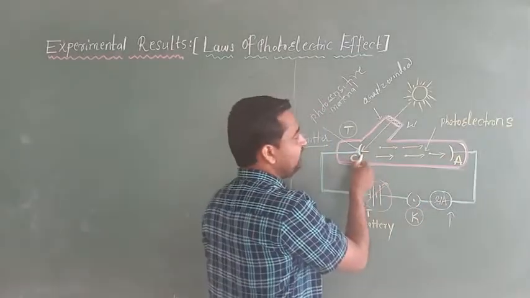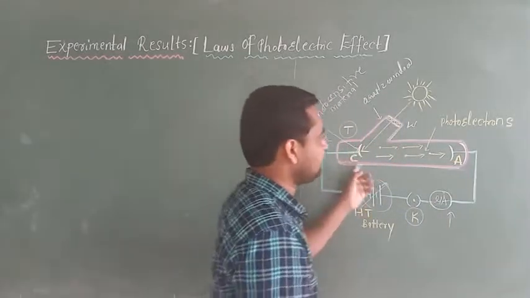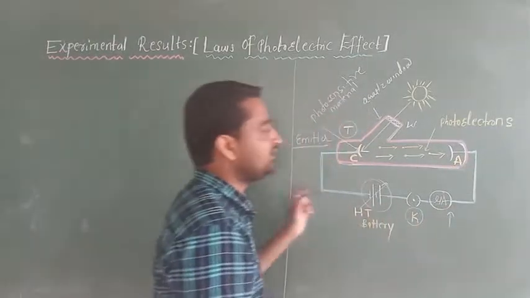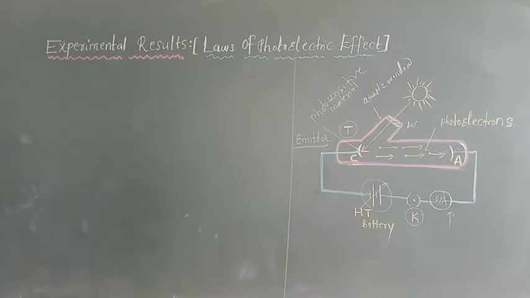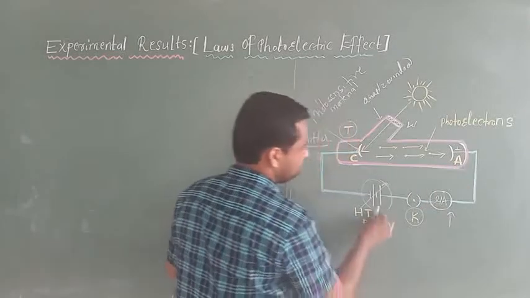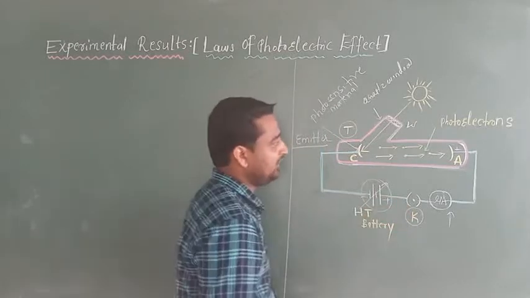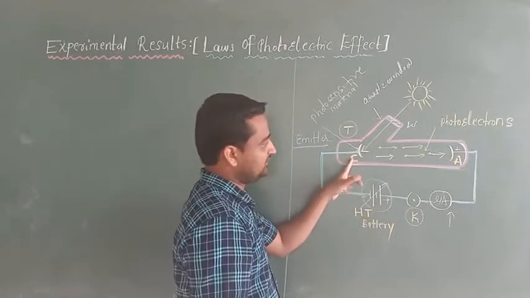These emitted photoelectrons are attracted towards the anode A, which is maintained at a positive potential with respect to the cathode, that is, the emitter, because the anode is connected to the positive terminal and the cathode to the negative.